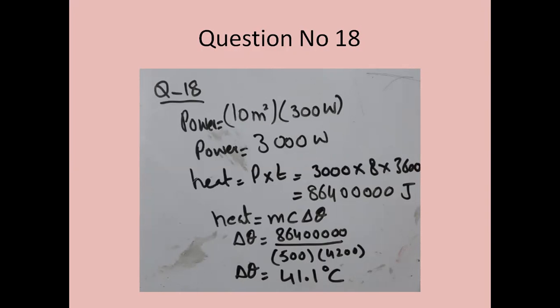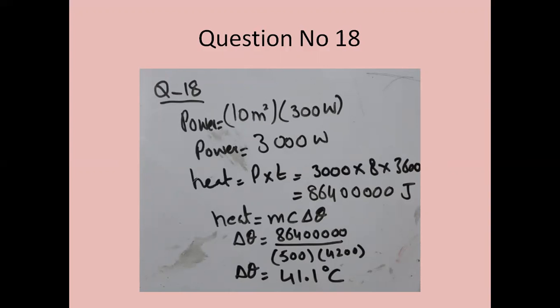So the final answer will be 8640000 joules. When the temperature rises, we use the formula heat equals mc delta theta. Delta theta, change in temperature, will be heat divided by m divided by c.